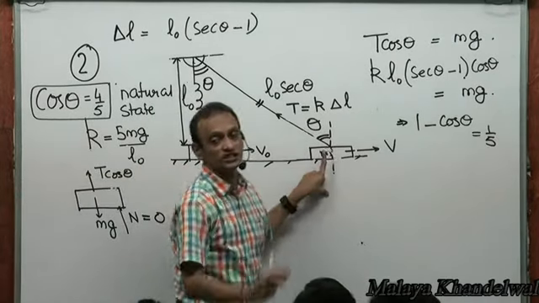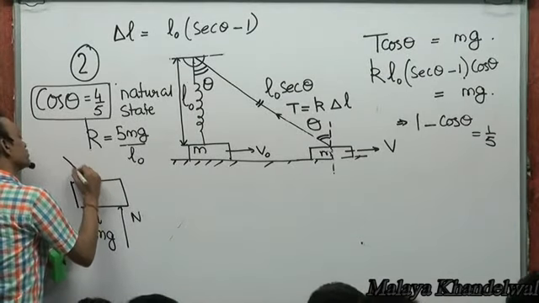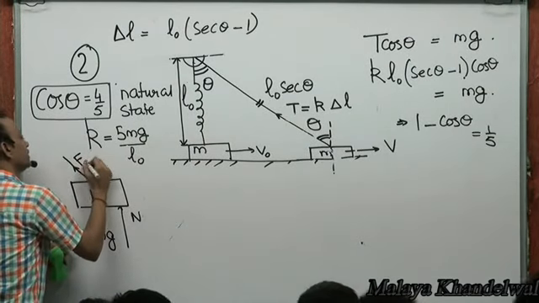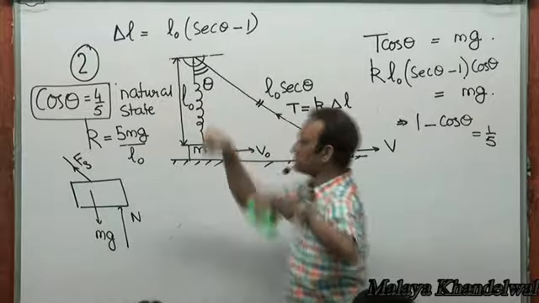When the particle moves across the two states, the forces acting are mg downwards and normal reaction N upwards. Only at this instant normal reaction becomes 0, and there is spring force Fs acting on it. This is a variable spring force, because the elongation is changing with theta.